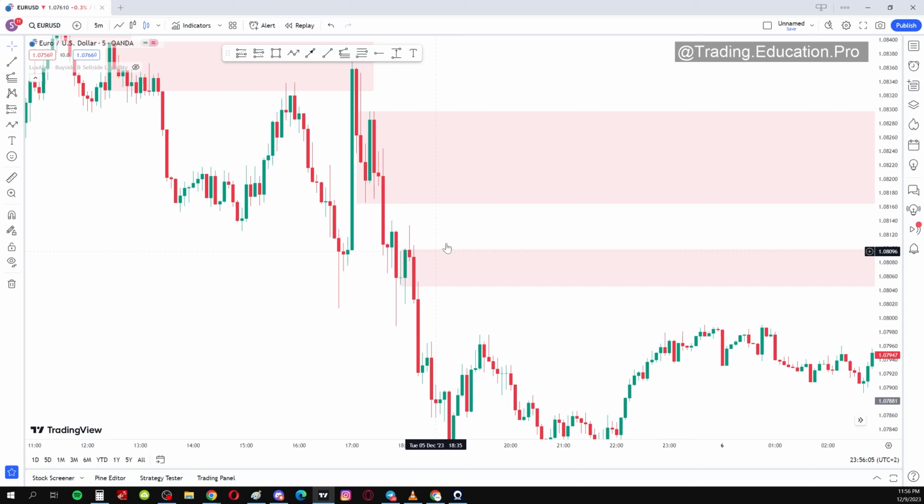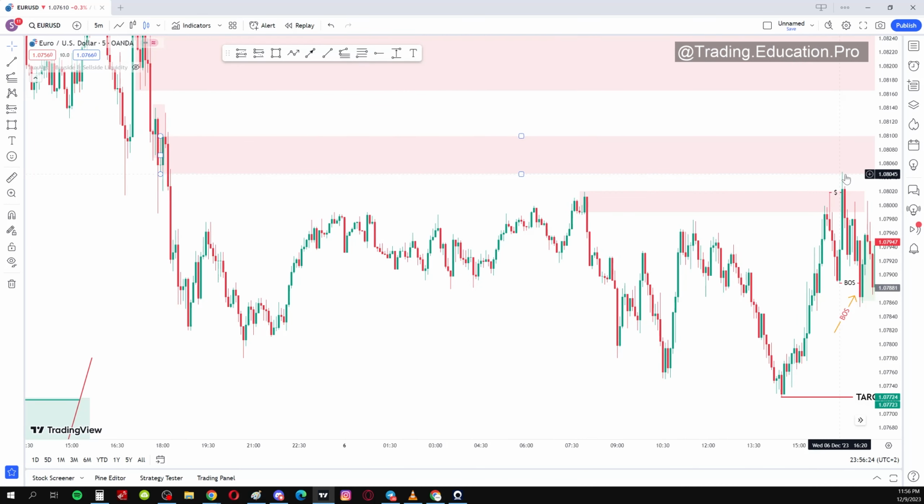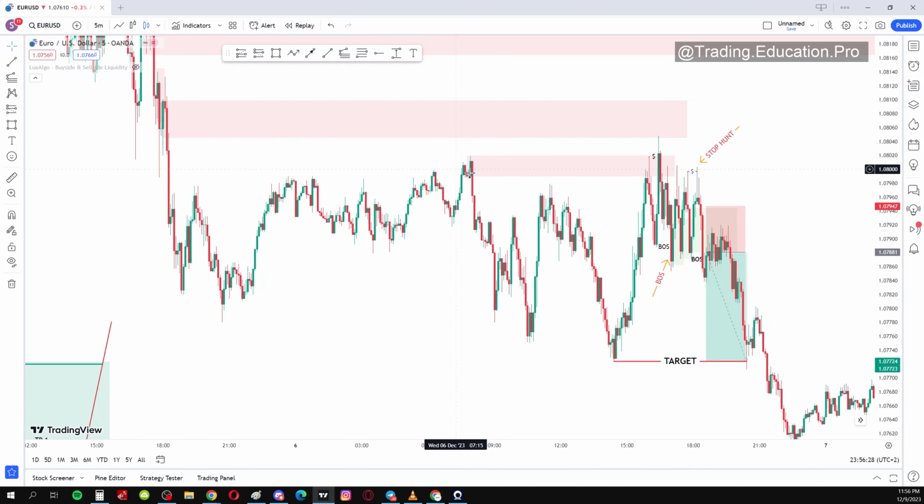We have imbalance here. So the market just wants to come back to that place. And it built this just to have more liquidity to come back and mitigate this one.